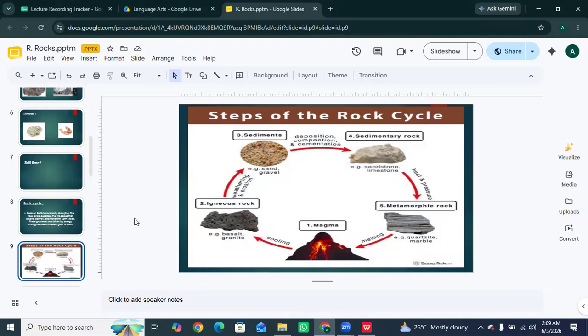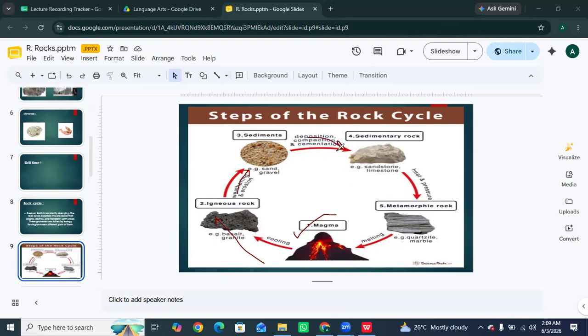So these are the steps of the rock cycle. This is basically a circular diagram showing the steps. The first step is that magma cools into igneous rocks. Then it weathers into sediments, and then packs into sedimentary rocks.